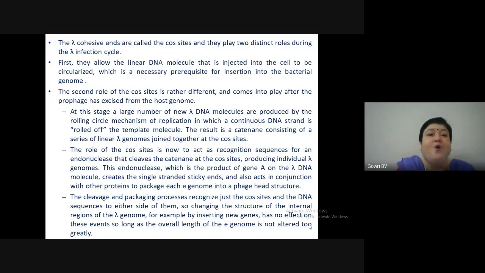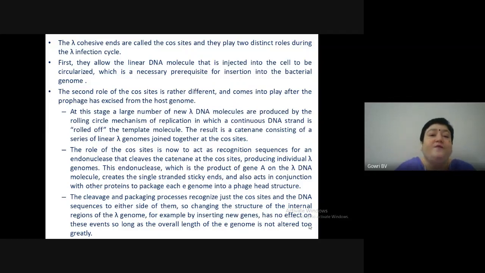The lambda cohesive ends are called the cos sites and they play two distinct roles during the lambda infection cycle. First, they allow the linear DNA molecule that is integrated into the cell to be circularized, which is a necessary prerequisite for insertion into the bacterial genome.